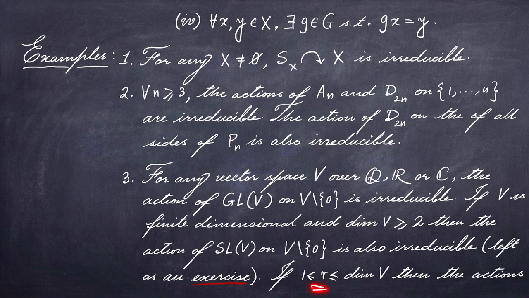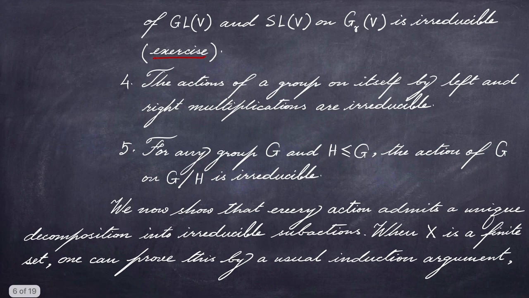And for any r, the action of GL(V) and SL(V) on the collection of all r dimensional subspaces of V is also irreducible, because if any two r dimensional subspaces are given, then by a suitable linear map you can always get from one to the other.